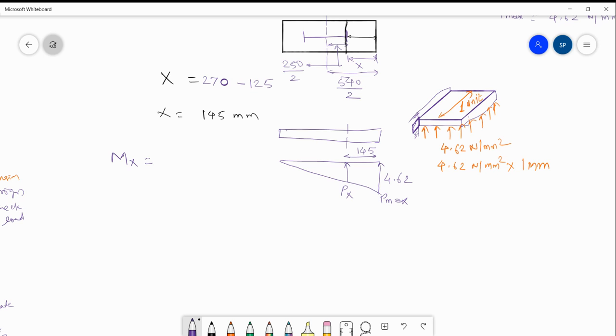So using similar triangles, the total distance is 540 mm. So P max divided by 540 has to be equal to Px divided by the distance there, 395. So from that you will be able to find out Px value, which will be equal to 3.37.